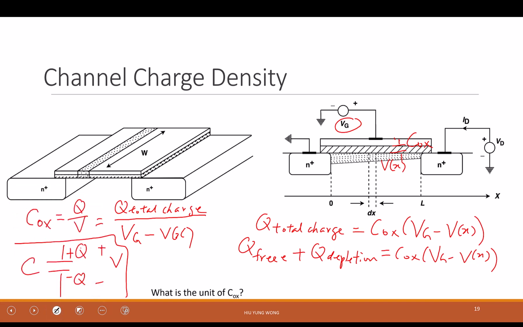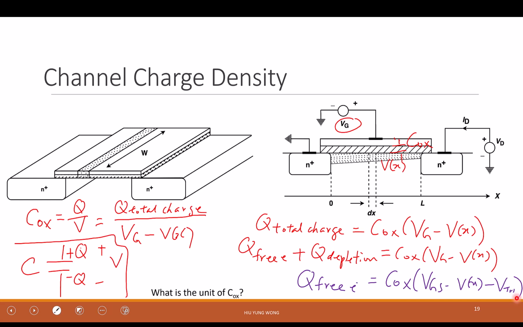Luckily, I know when the depletion charge stops increasing. It is at the threshold voltage. So I basically also know that the free electron charge equals Cox times (Vgs minus Vx minus Vth), because only those after Vth would contribute to the mobile charge.